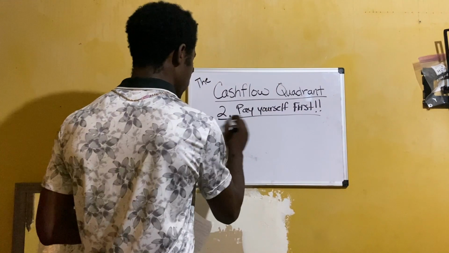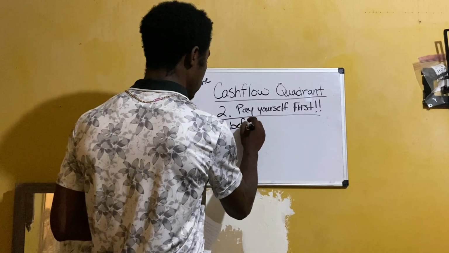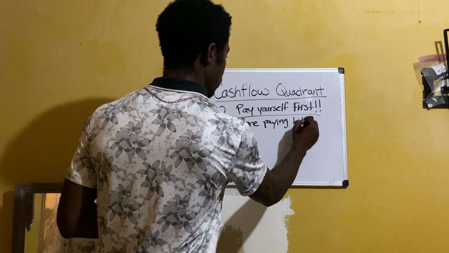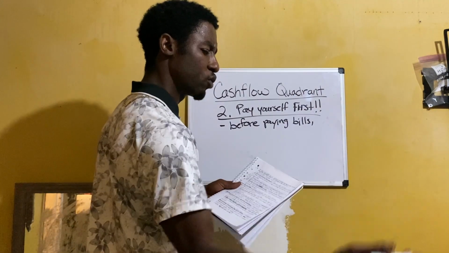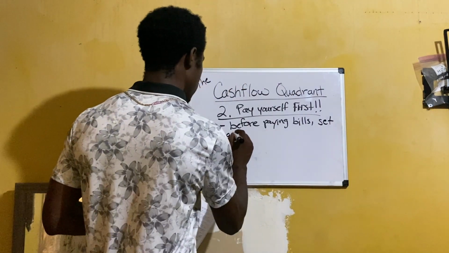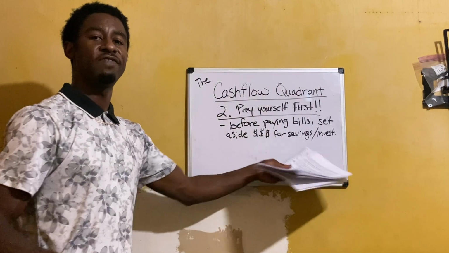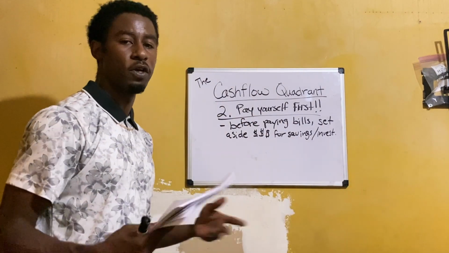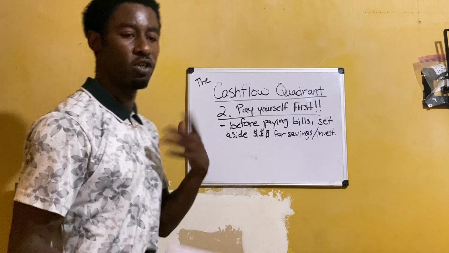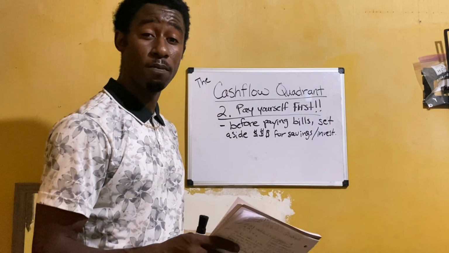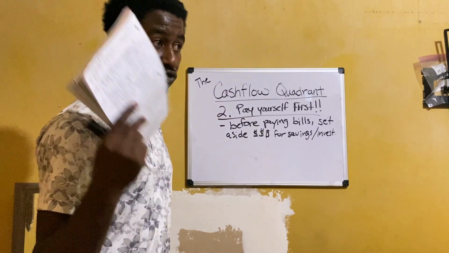So pay yourself first before paying bills. You want to set aside money for savings or investments. I don't know if y'all ever heard of the 30-70 rule. Some people call it the 20-80 rule. Whenever you can live off of 30% of your income, that's when you will be truly wealthy.